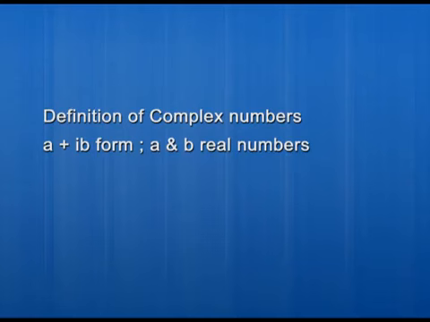In fact, I can say that i cannot be real, and if i cannot be real, their sum cannot be defined, and that's why we cannot say that a plus ib will be a real number, and so we gave it a different name, complex numbers.